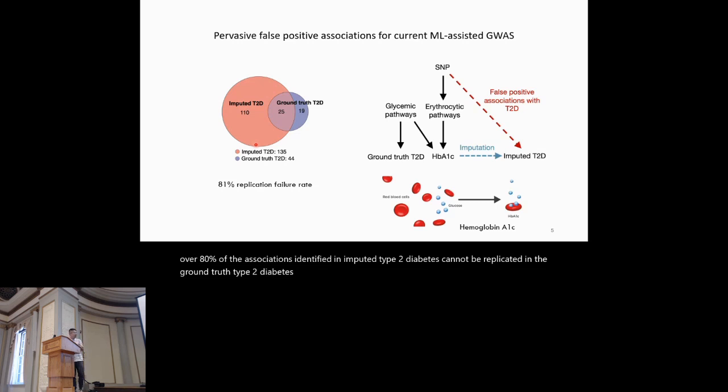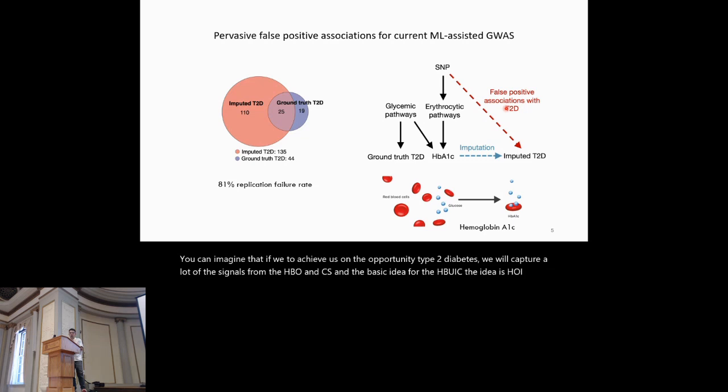To explain these pervasive false positive associations, we propose a model. When we checked our machine learning model, we found that hemoglobin A1c, HbA1c, is the strongest predictor of the imputed type 2 diabetes. So you can imagine that if we do a GWAS on the imputed type 2 diabetes, we will capture a lot of the signals from HbA1c.